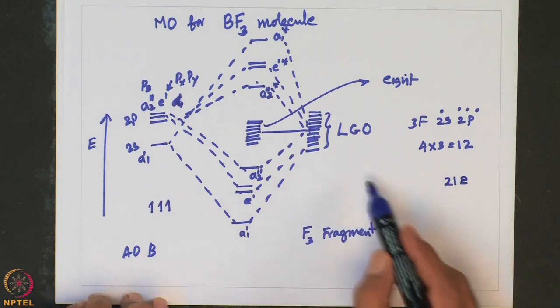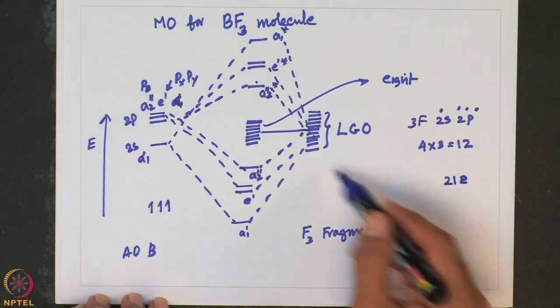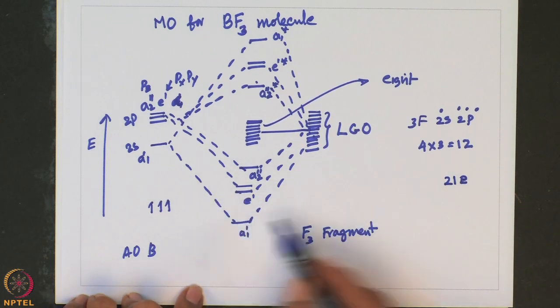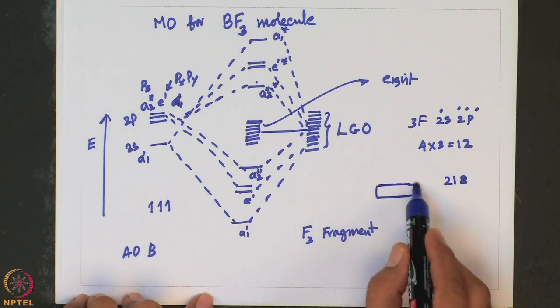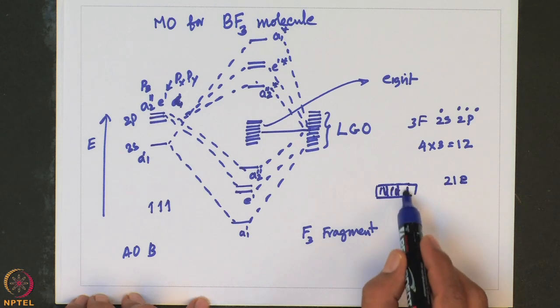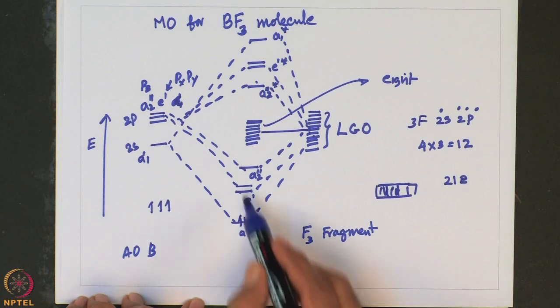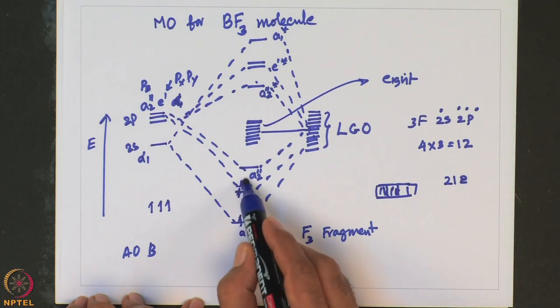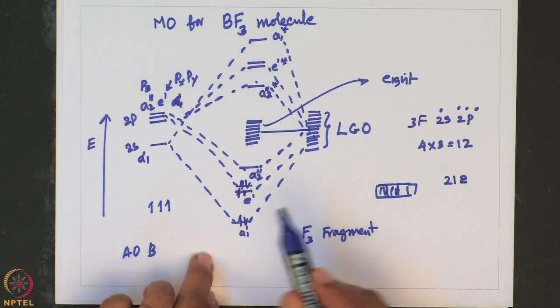From each one we have 7 electrons, 2s2 2p5. Out of that, one electron comes here. So, this essentially makes a covalent bond with this one. So, we have these 6 electrons.